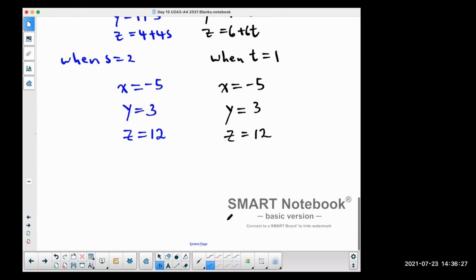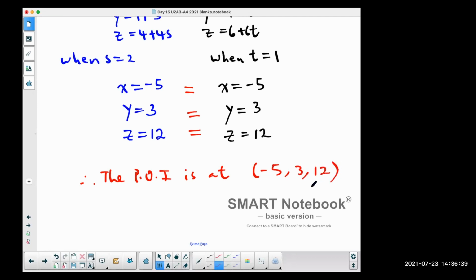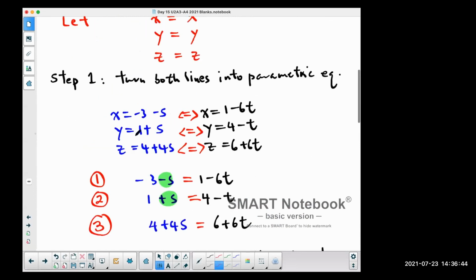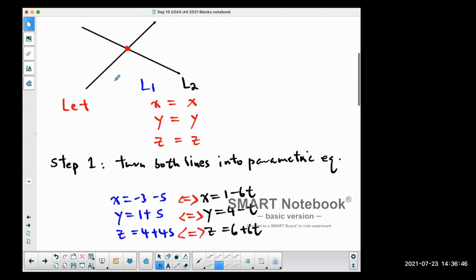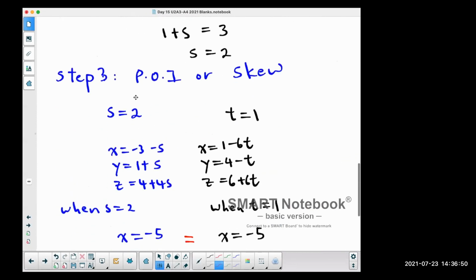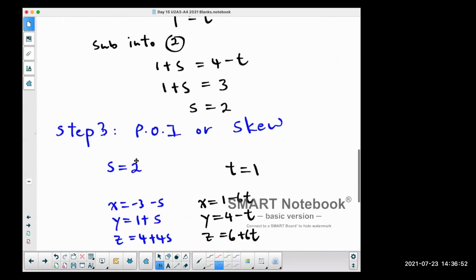Now, what do you see? It's the same. Therefore, the point of intersection is at negative 5, 3, and 12, which means for the first line, the blue line, it's going to reach that point after 2 seconds.